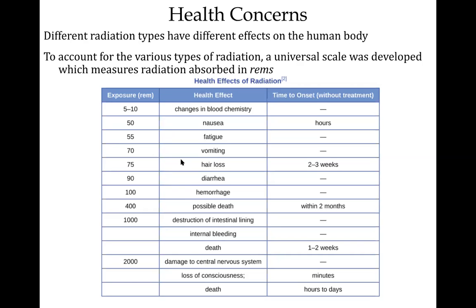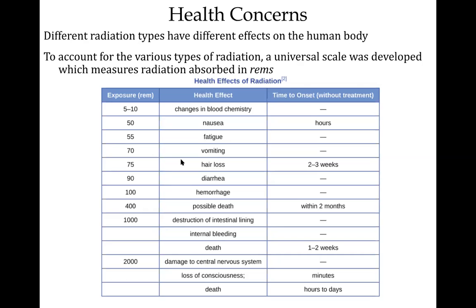Okay, most likely. 1,000, if you are so, I hate to say lucky to make it to that extent of exposure, because there's nothing lucky about that, of course. But if you were able to survive past 400, then you would start seeing destruction of your intestine and your enteric system, internal bleeding now, and definitely death within a few weeks after that exposure.